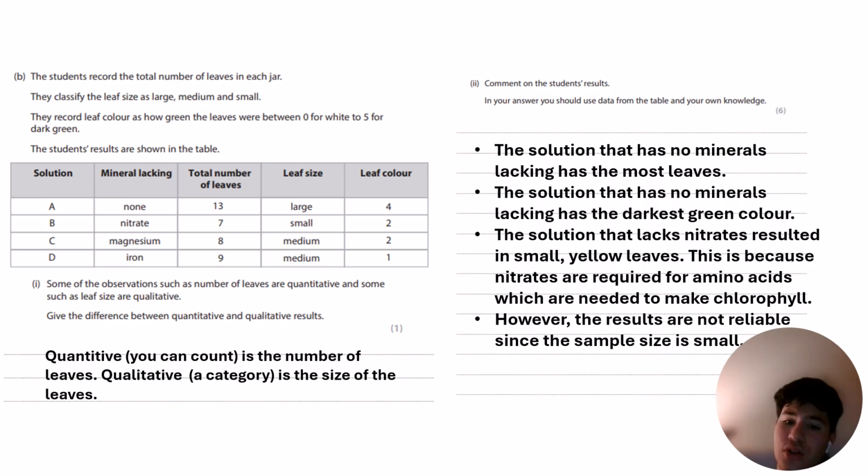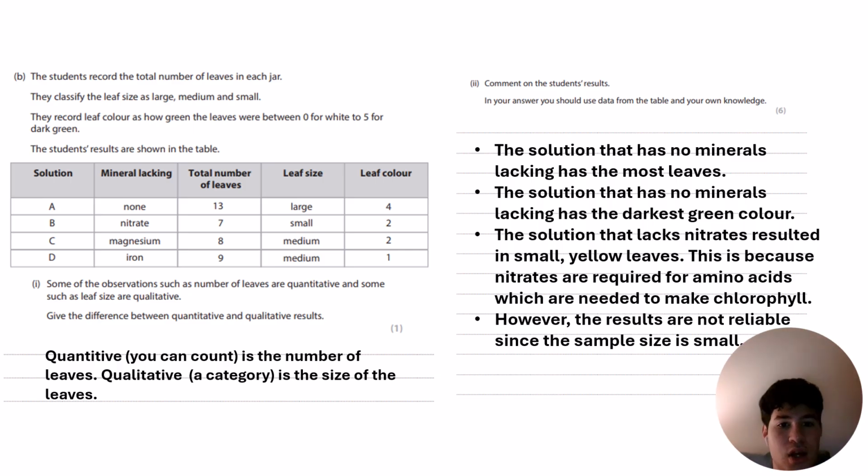Sometimes we say qualitative as the quality of something, but also what falls in category is the size, okay? So someone can be 183 centimeters or 183.555 centimeters. It's qualitative, okay? So the qualitative is the size of the leaves. As I said, the leaves can be 3.2 centimeters or it can be 5.500.